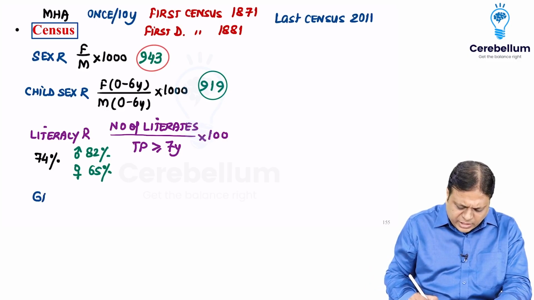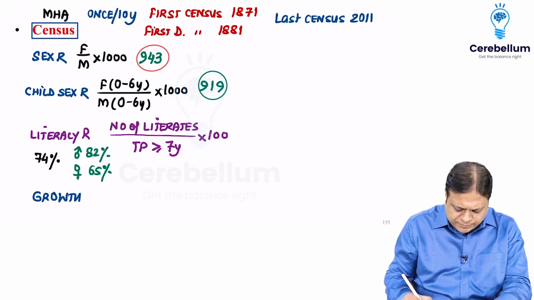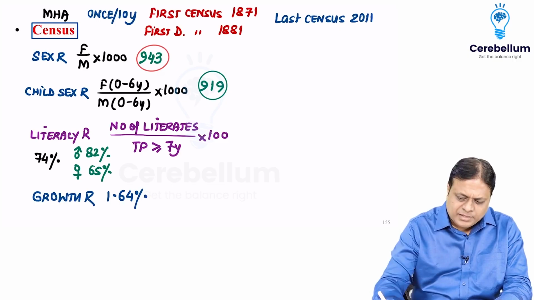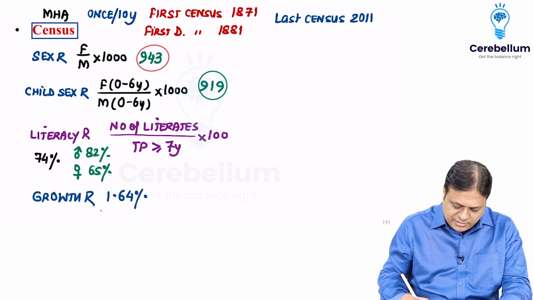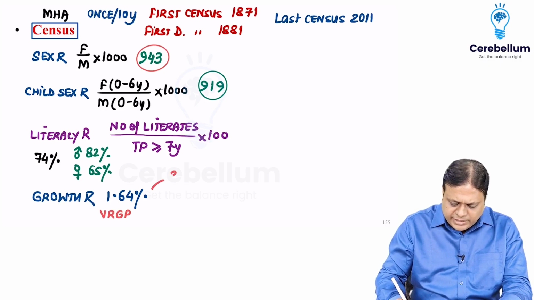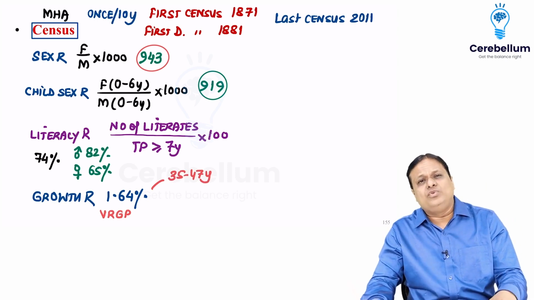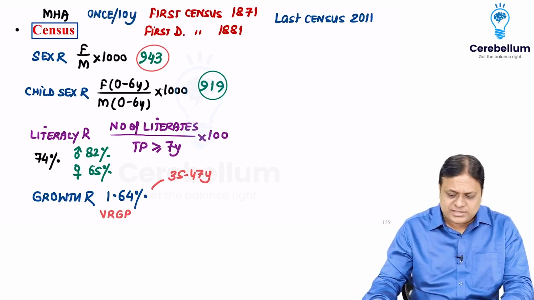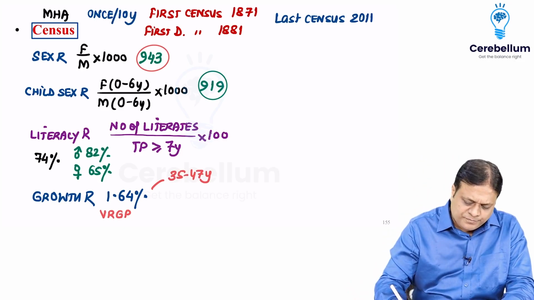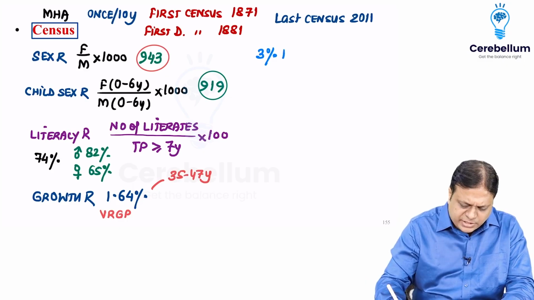When we look at annual growth rate of India, it is 1.64%, making India in very rapid growth phase. India's population doubling time is 35 to 47 years. Also, we should know in India 3% population is infants.